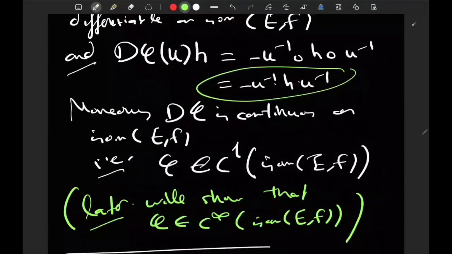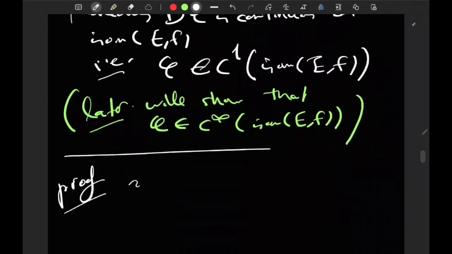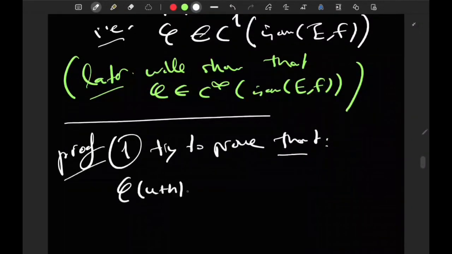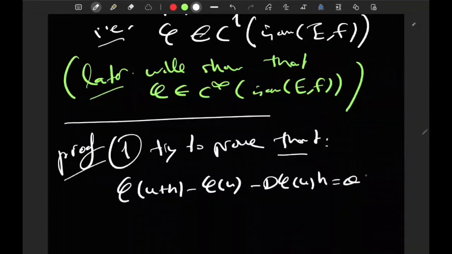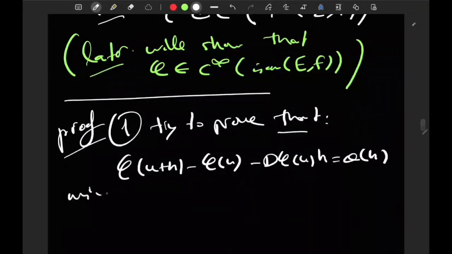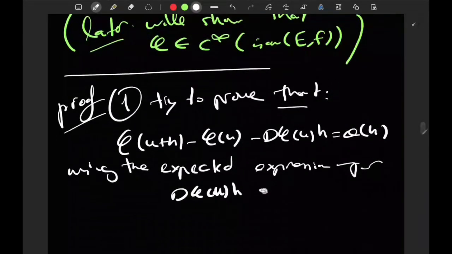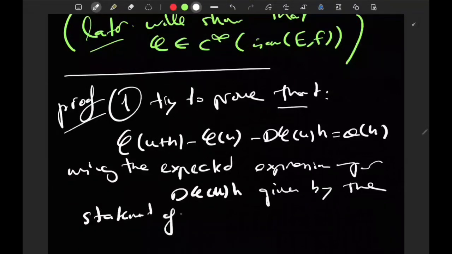So the first way: try to prove that φ(u+h) − φ(u) − dφ(u)h is little o of h, using the expected expression for dφ(u) applied to h, given by the statement of the theorem.